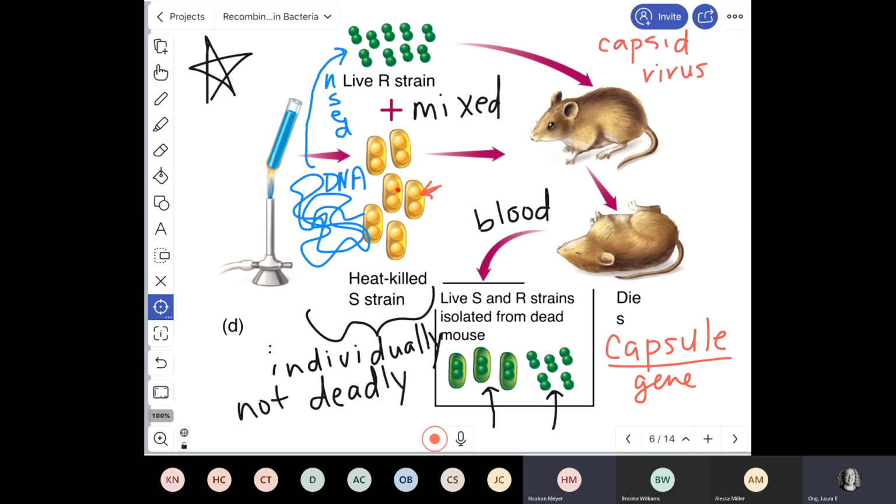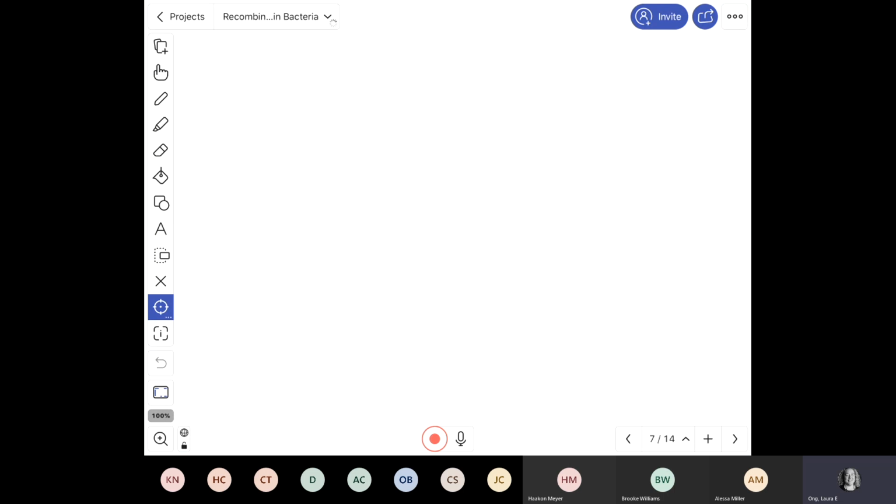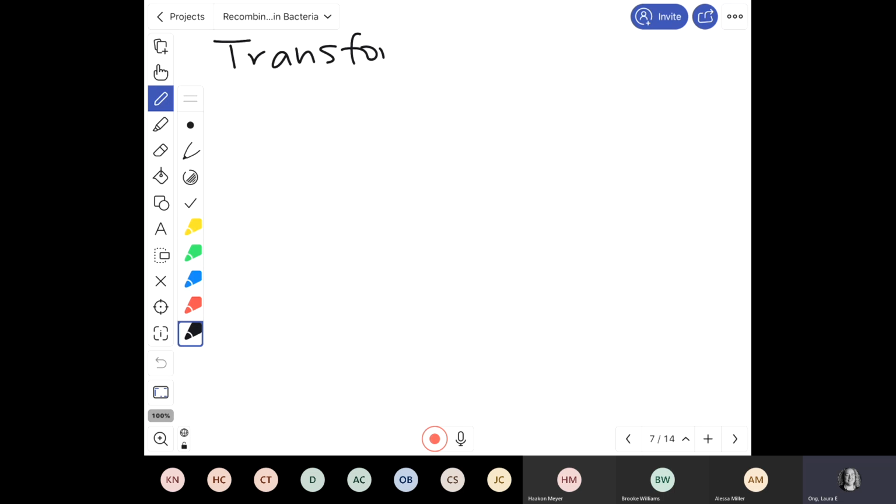This was a pretty long time ago. So I've put in some blank slides in this presentation because I am sloppy at writing on them. What I want to do here is give kind of an overview of transformation, how it does and does not act, or what it requires.